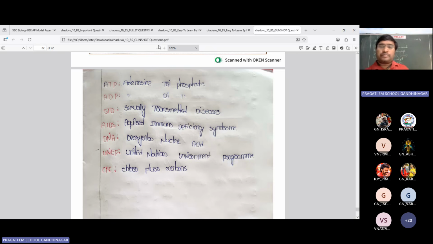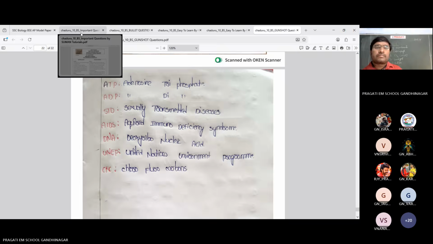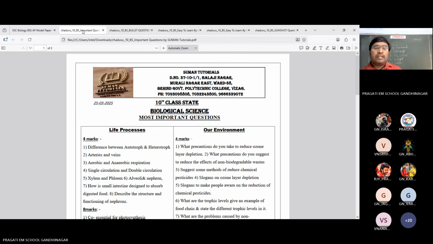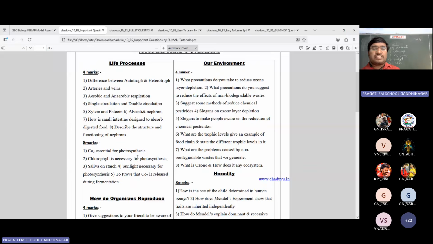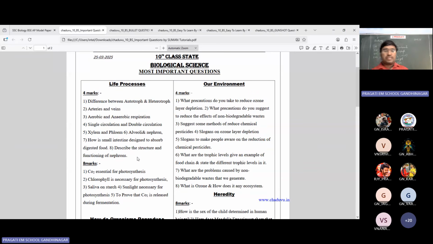And now let us see chapter wise 4 mark questions. Chapter wise 4 marks after diagrams. After 8 marks, I have given some questions. Along with the topic, I give 4 marks and 8 marks questions now.